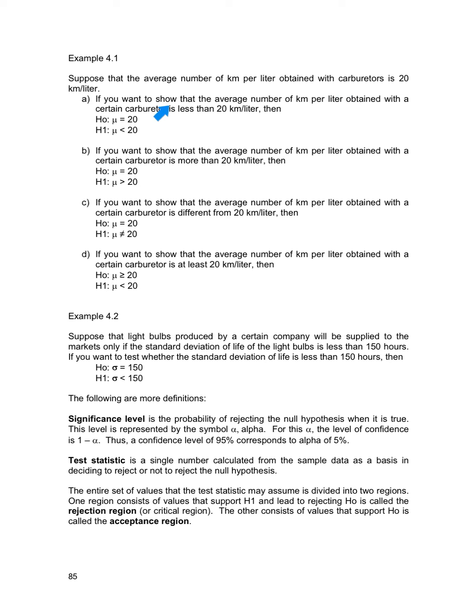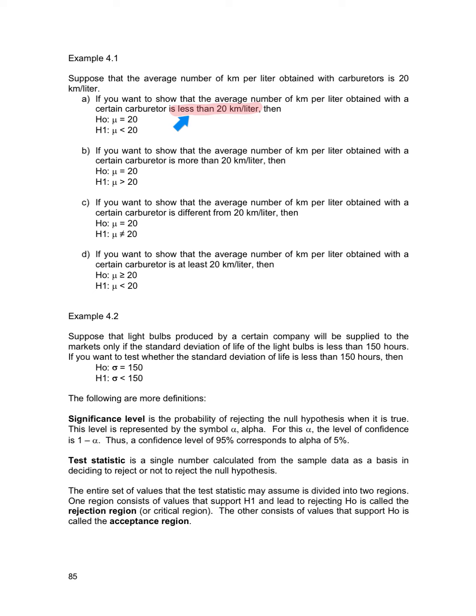So, if you want to show that the average number of kilometer per liter obtained with a certain carburetor is less than 20 kilometer per liter, then, okay, your null hypothesis. Okay, so kita boleh kata, since kita nak test average, that's why kita guna mu. So mu equals to 20 versus alternative hypothesis kita mu less than 20.